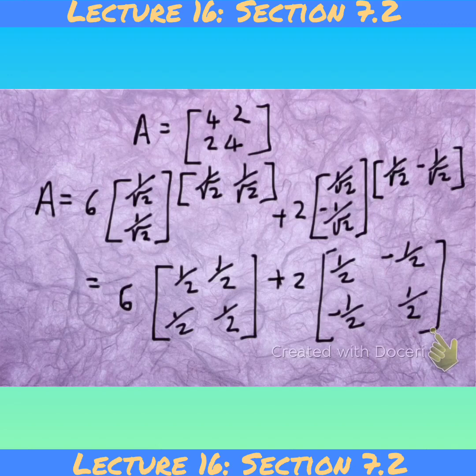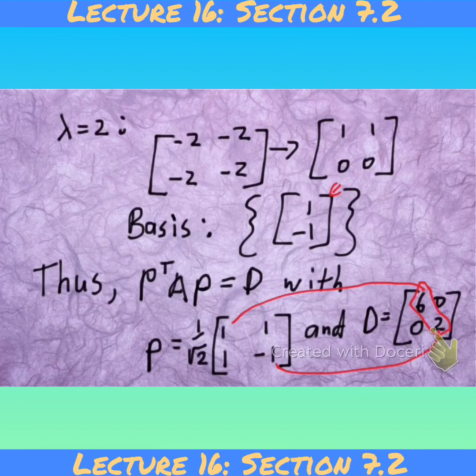Now recall that for A we calculated the eigenvalues as 6 and 2 respectively, and we calculated the unit eigenvector corresponding to 6 as that vector there. Remember, this matrix P we calculated for that matrix A has the first column, which is that vector, and the second column, which is that vector there, multiplied with that scalar.